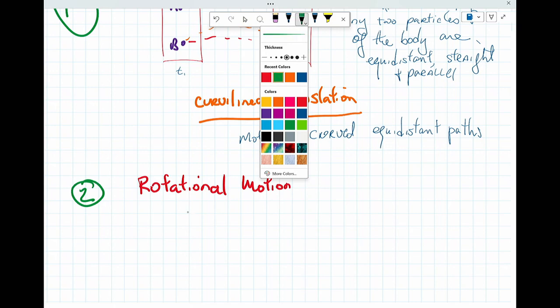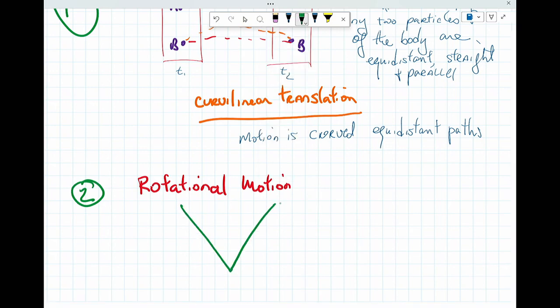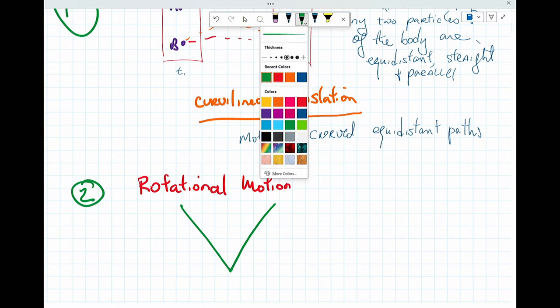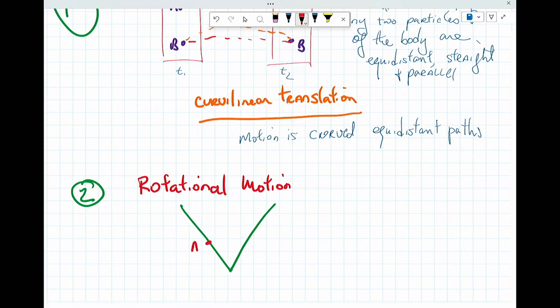So here I have two particles again, A and B, and they are going to end up having paths that are circular.